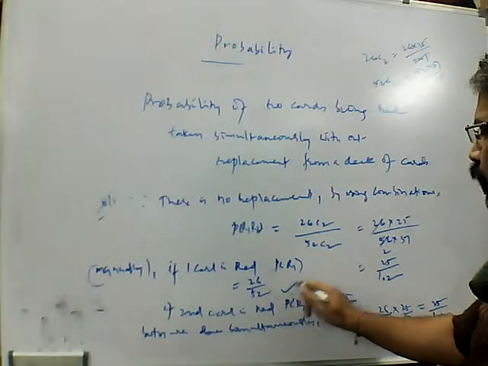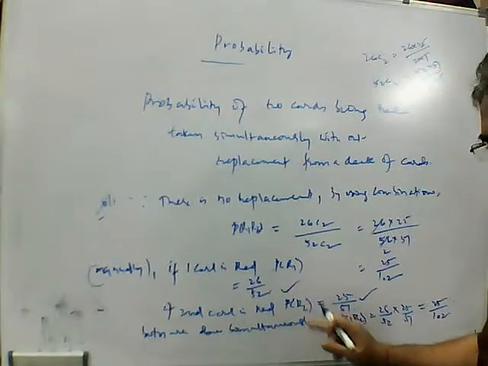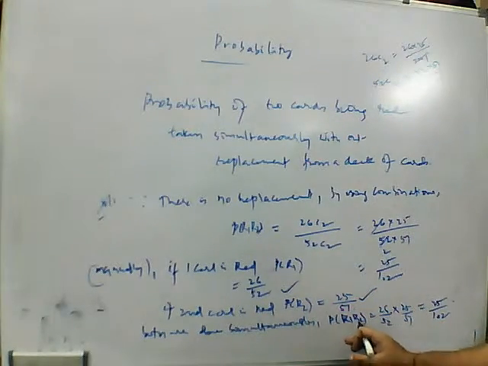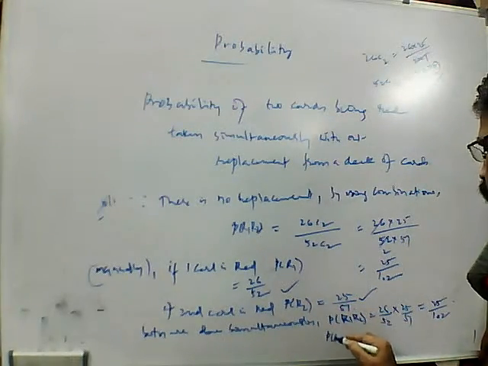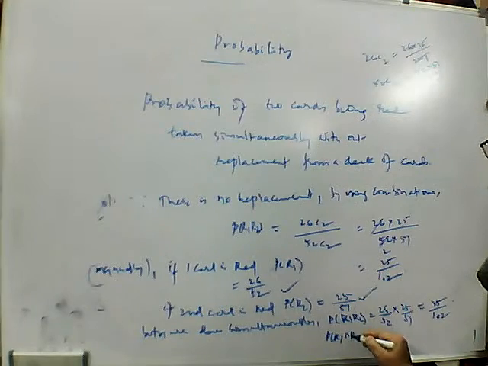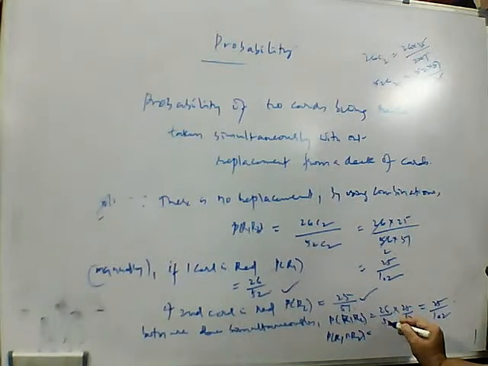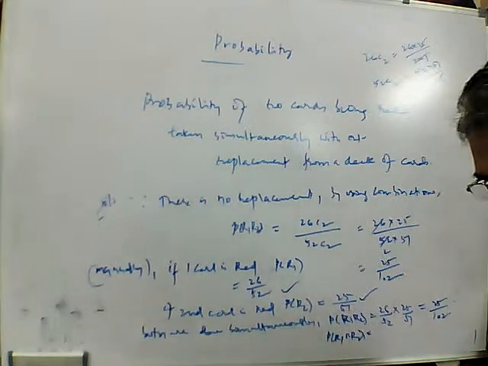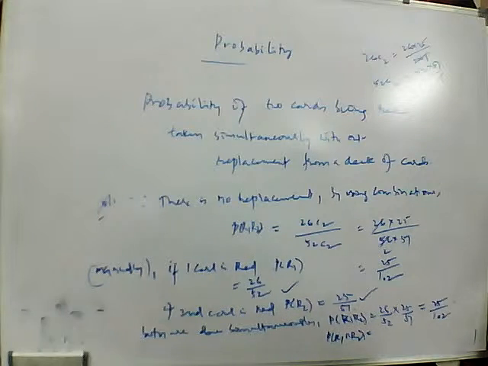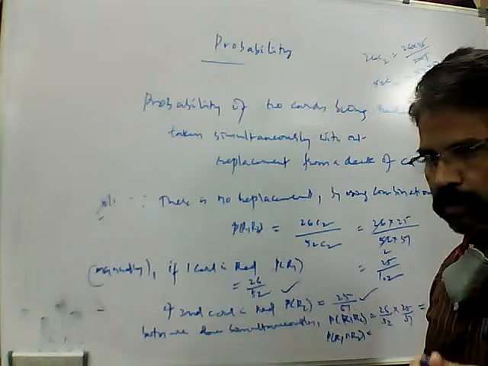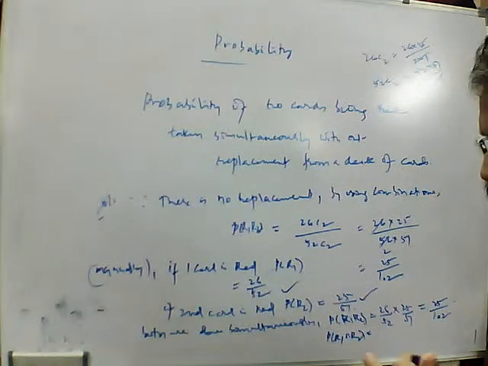Together, both things are happening at a time: P of R1, P of R2. It is nothing but P of R1 intersection R2, or P of R1 R2. Both are the same one. Multiply both. If two things are happening simultaneously, then what happens? Multiply them in a product. If one thing is happening in M ways, another thing in N ways, another thing in P ways, then the total is M into N into P, like that.